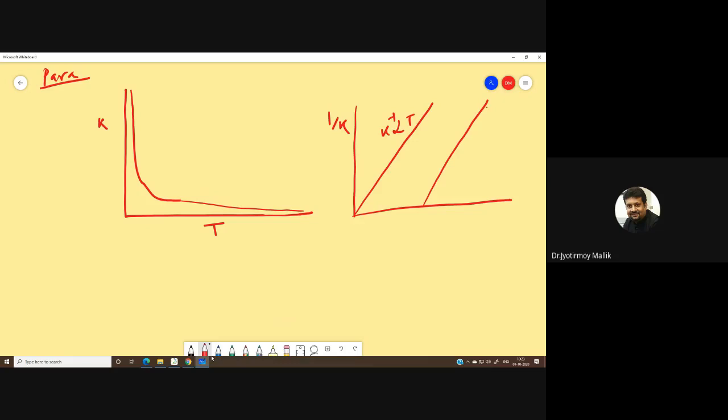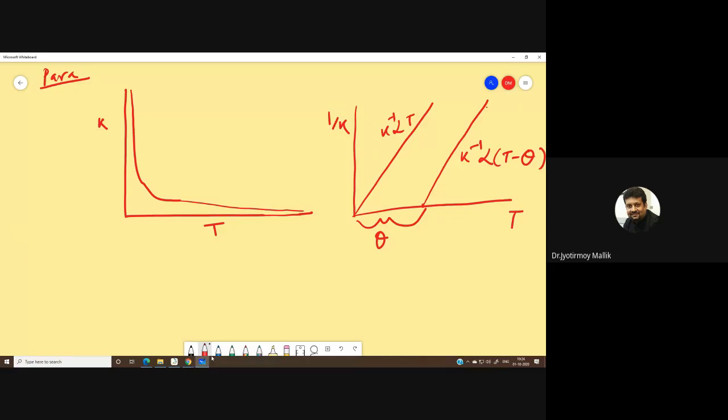In some cases, you observe that the paramagnetic behavior starts only after a threshold temperature theta. After that temperature is crossed, only then you will find the paramagnetic behavior to start. So in that case, K to the power minus 1 is directly proportional to T minus theta.